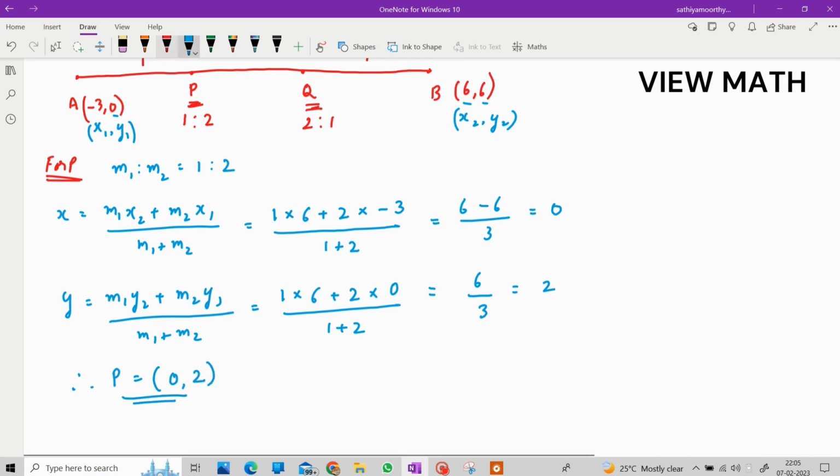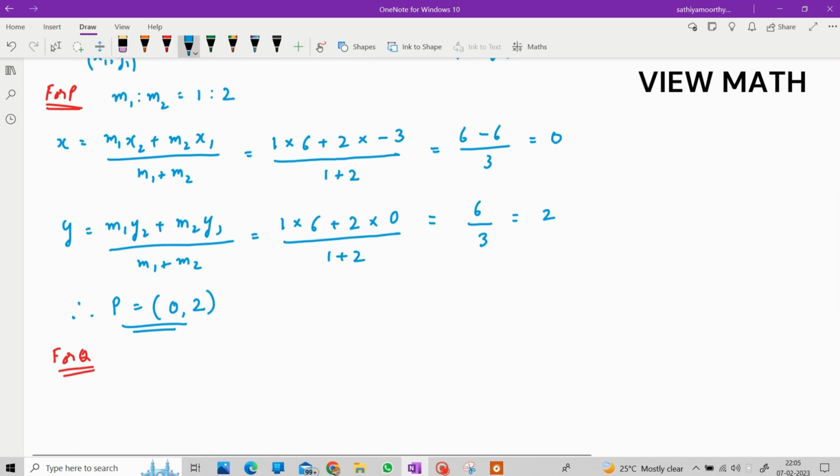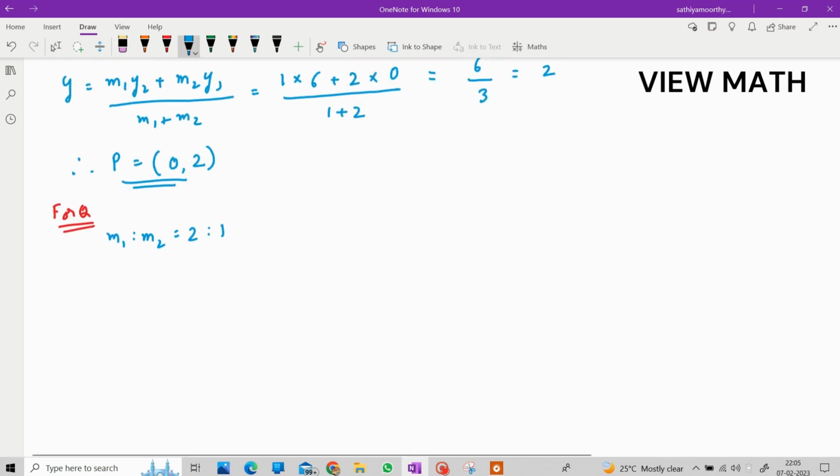Now going to find out the coordinate for Q. Now here for Q, m1 is to m2 is equal to 2:1. Now let me use the section formula. X is equal to, let me write the formula, (m1x2 plus m2x1) by (m1 plus m2). Now let me substitute it.